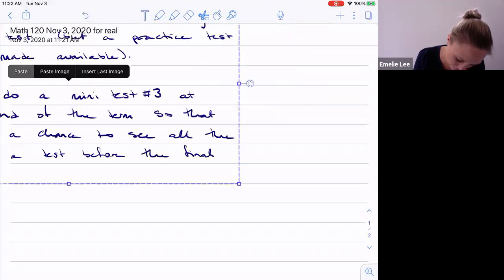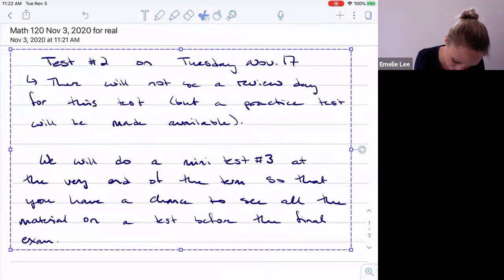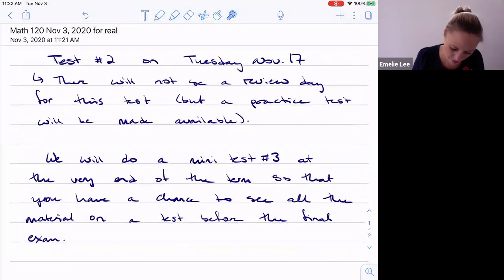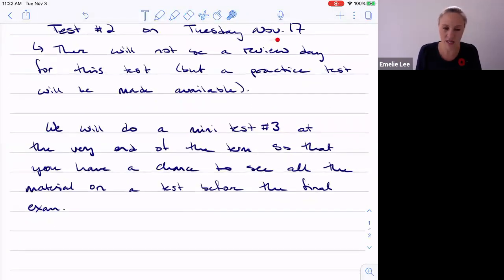What we were saying was we're going to have tests on November 17th, on the Tuesday. We won't have time to do a review day because we're kind of cutting it close. And then I want to do a mini test at the very end of the term so that you've seen all the material on a test before the final exam.